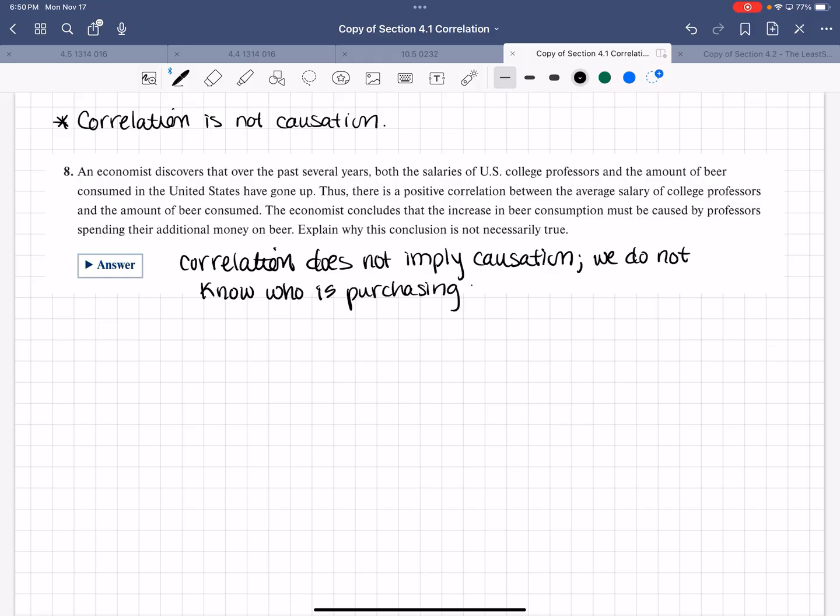Okay? And you don't. They didn't poll, they didn't check what all the people that were purchasing the extra beer did for a living, okay? They just went, oh, the salary of college professors went up, the amount spent on beer went up. Oh, well, college professors are buying beer, okay? And that is all of 4.4.